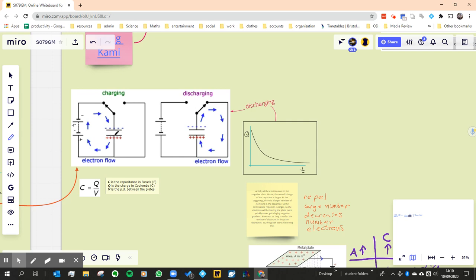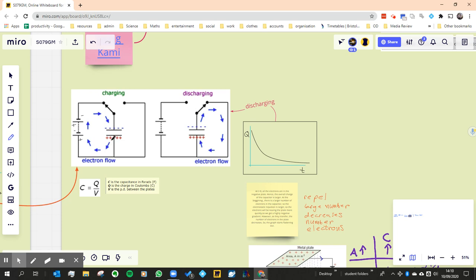So that plate of the capacitor will start off being neutral, and as it loses electrons, it would gain positive charge. But to start off with, it'd be quite easy to remove electrons from the plate.